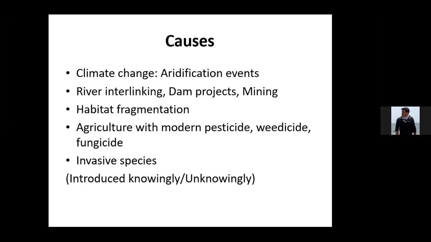There is a unique phenomenon going on, which is called the pesticide treadmill. We are spending a lot on pesticides, weedicides, fungicides, but we are getting comparatively less yield. Invasive species are changing everything.